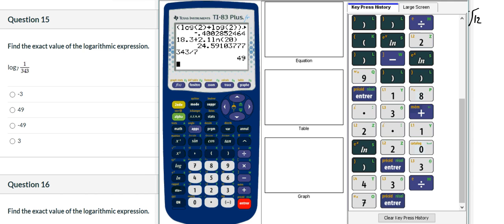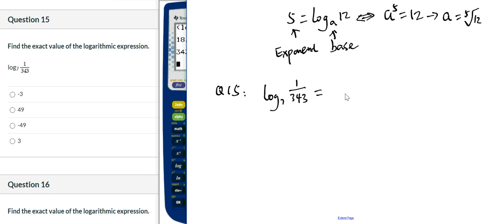So basically, 343 is actually 7 cubed, so 1 over 343 is 1 over 7 cubed. That will be log base 7 of 7 to the negative power, -3.